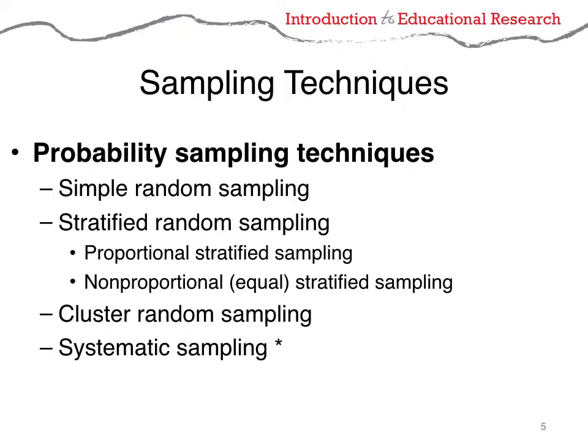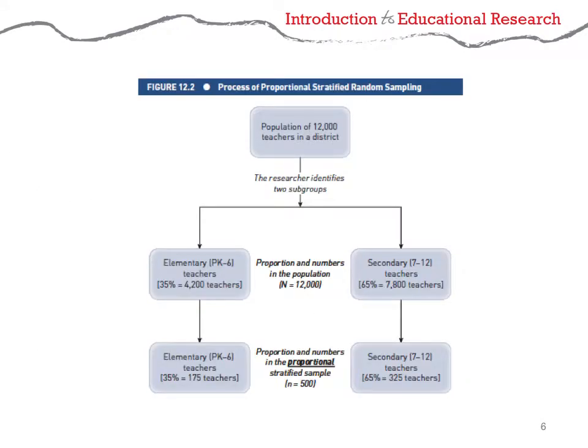This is where we can cluster people into sets, such as classrooms or classes, like college classes would be a cluster. And then there is something called systematic sampling, where we're basically using a random sampling technique, but we might deploy this with certain characteristics attached to it. I'm going to show you a little bit more about that.